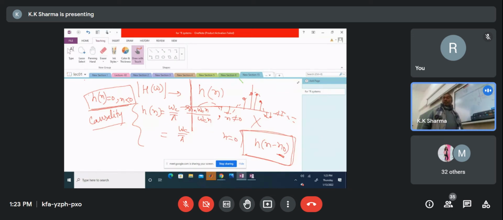You still cannot obtain an ideal filter, because ideally the h of n is of infinite duration, an infinite length sequence. Even delaying by a constant unit will not make it finite. Agreed or not?